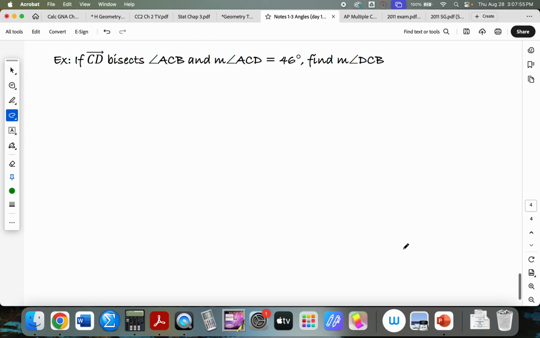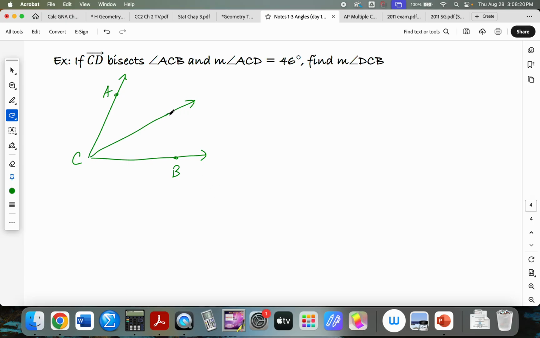This next one, not quite the same. Here it says if CD bisects angle ACB. All right, so ACB. Draw that angle: A on one side, C is the vertex, B is the other side. And CD bisects it.